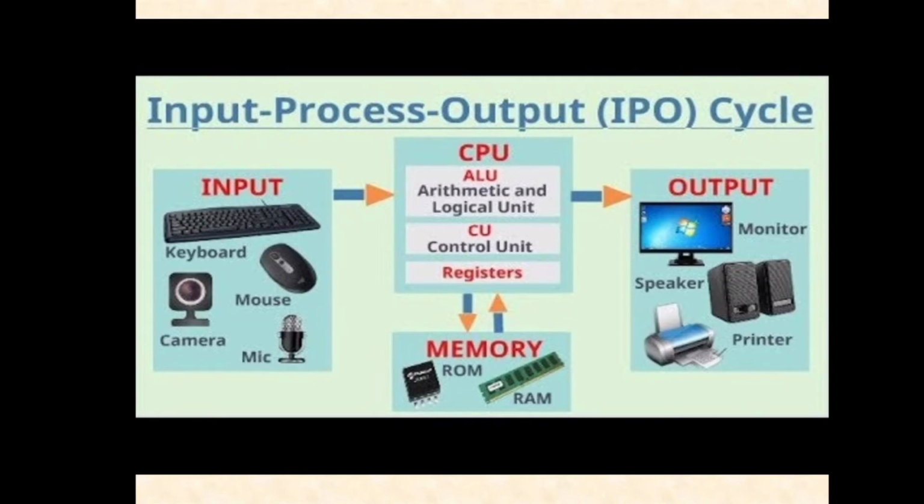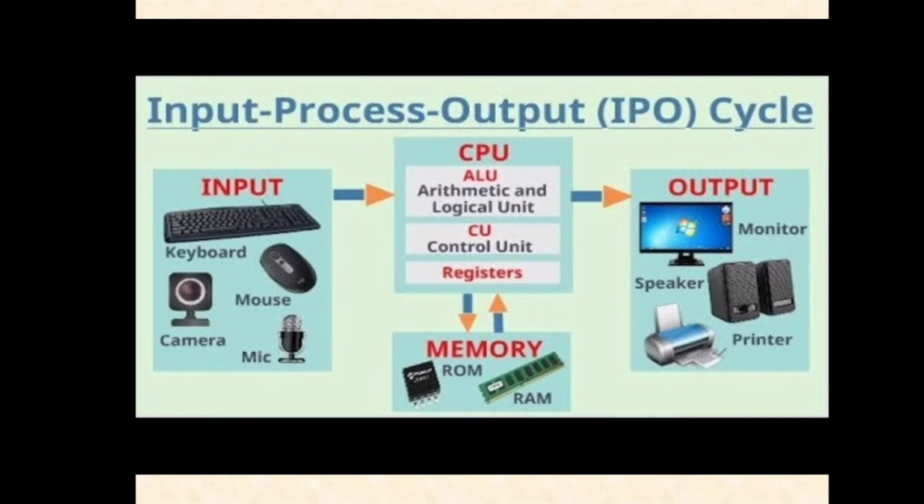Okay, and now after performing all these instructions, after doing all the calculations, the final result you will send to whom? To output devices. And in output devices, we can see monitor, speaker, printer. There you will see your final result. There you can read your final result.